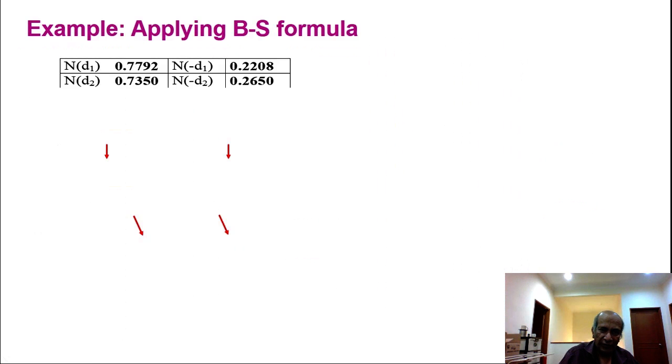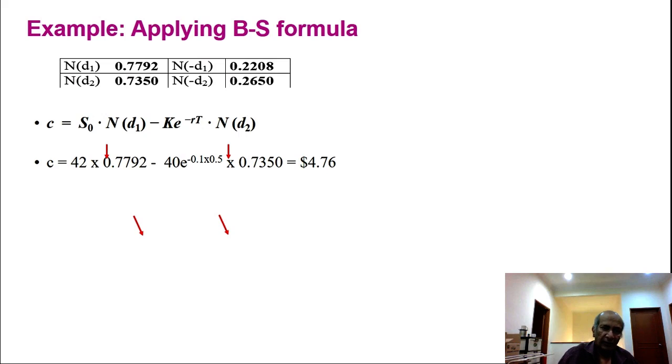Now once you got those values, look at here, how to plug it into your main formula. You got it as S0 times ND1 minus K e to the power of minus RT times ND2. Okay.